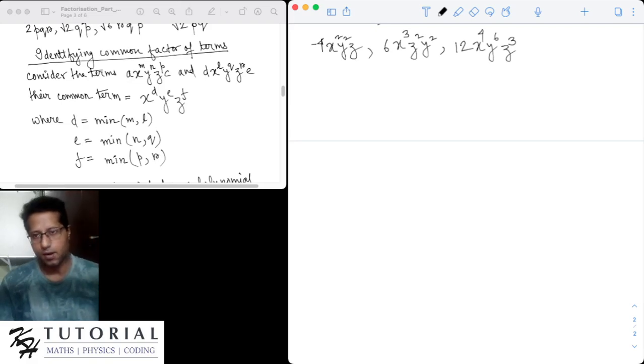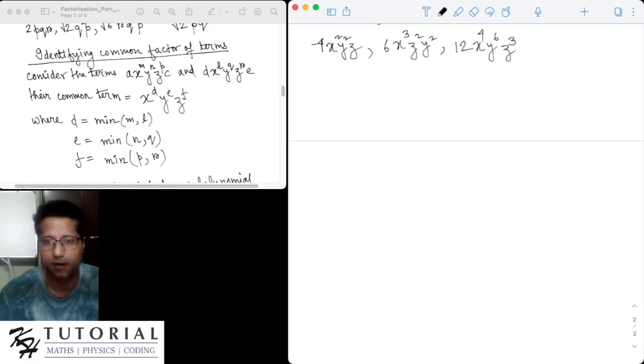Now, the concept is very basic, but I'm still trying to discuss the logic. How do you find the common factor from a few terms, or from the terms of a polynomial? So let's consider these three terms. What will be the common factor? First, identify all the variables that are present in all the terms.